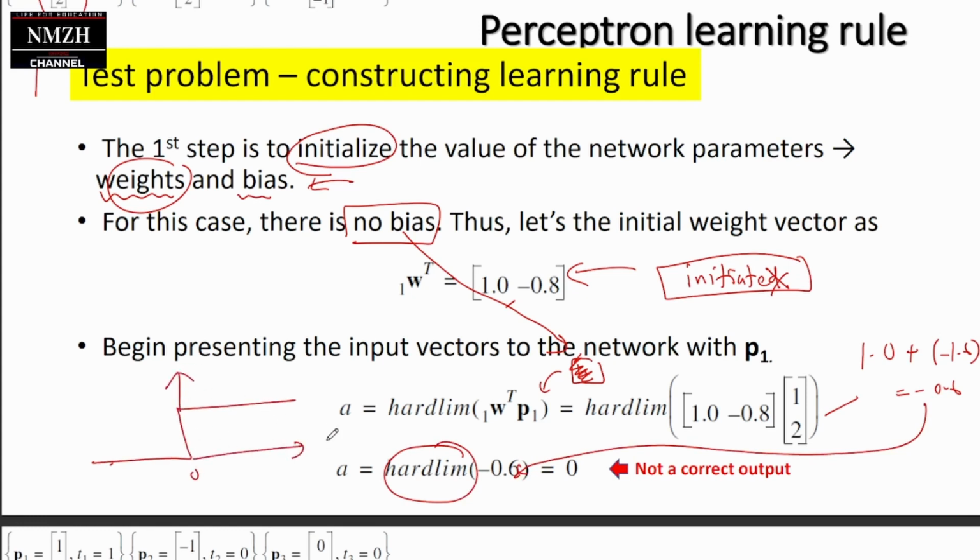Remember, this is n, this is a. Let's say this is 1, and minus 0.6 is over here, guys. So when n is minus 0.6, the a is 0. That is what we have in hand.